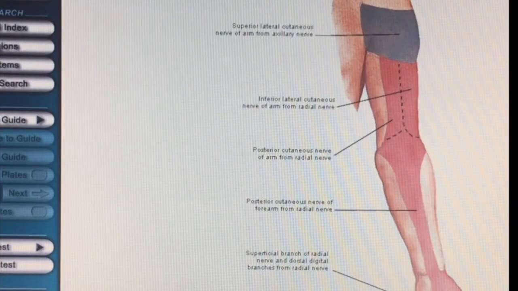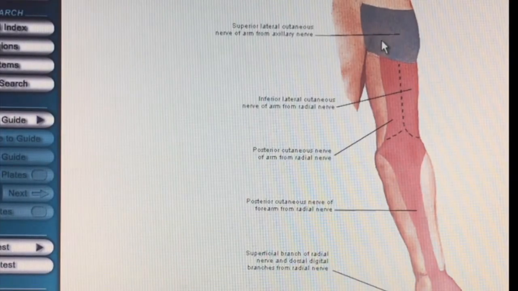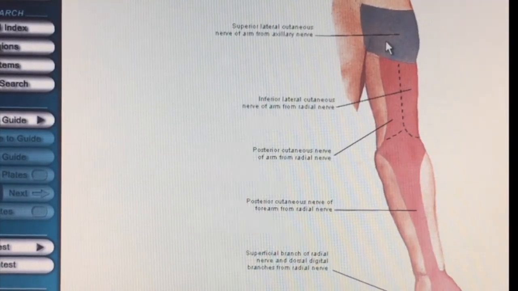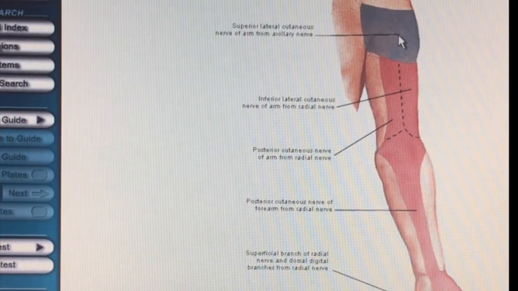Obviously, this diagram was also used to identify sensory innervation by radial nerve and its branches, but that is the superior lateral cutaneous nerve of the arm, a branch of the axillary nerve. Please note it is practically the lateral shoulder, and as such, we're talking about loss of sensation practically here where my hand is, and that is why it's called the military patch sign.